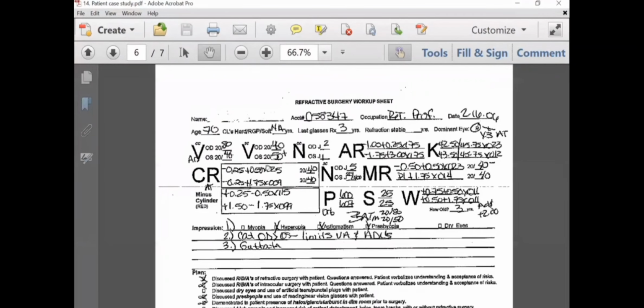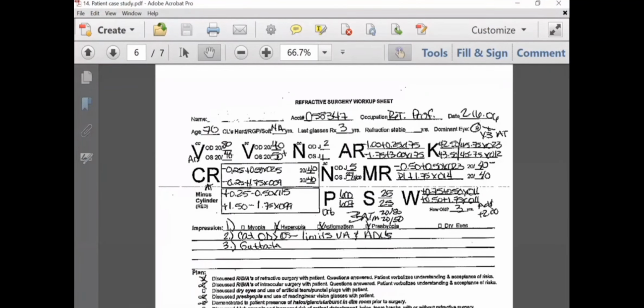Now the other piece of information in terms of astigmatism that you can see on the patient case sheet is the K values. The K values here represent cornea astigmatism. But which part of the cornea is this representing? For most keratometers, in fact all keratometers, they represent only the anterior cornea surface.